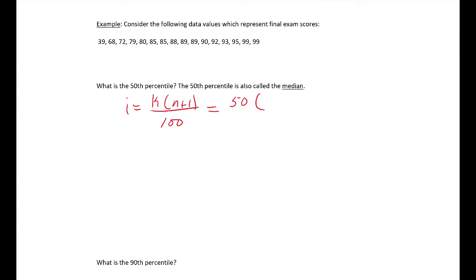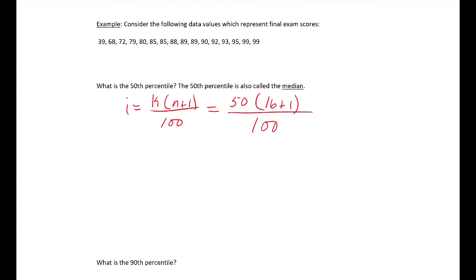N is the total number of data values. If we count these up, 1, 2, 3, up to 16, we have 16 total data values. So our formula becomes 50 times 16 plus 1 divided by 100. Basically it's 50 times 17 divided by 100.